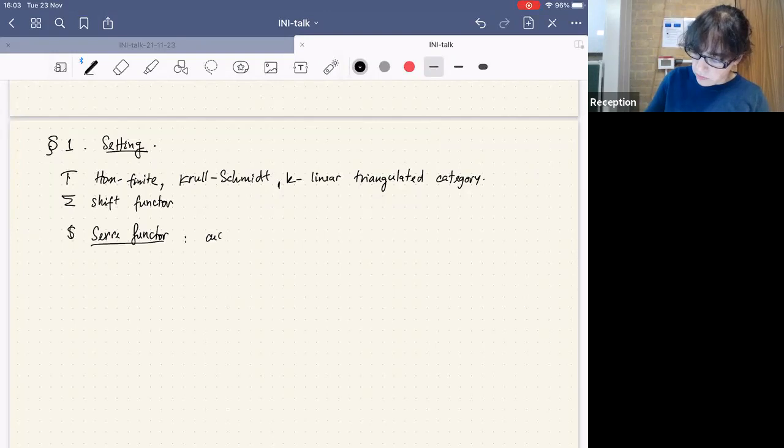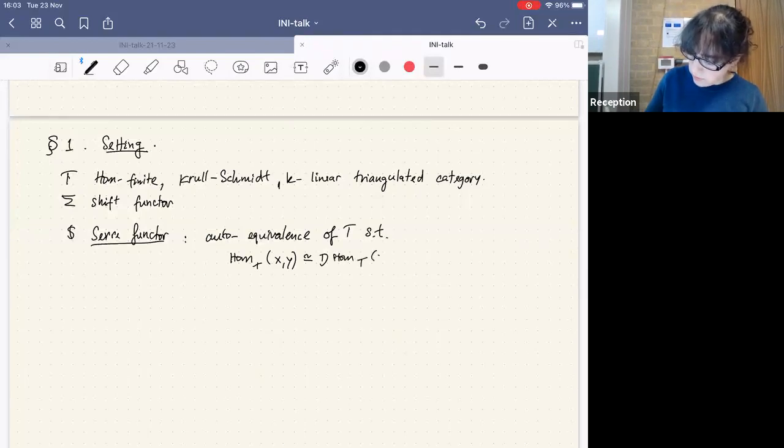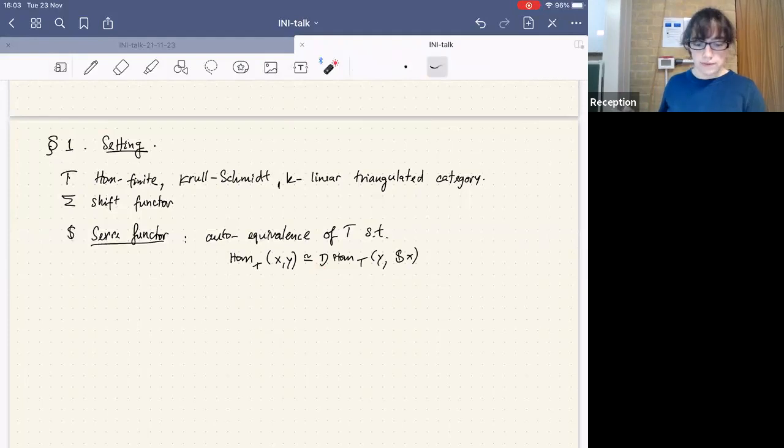A Serre functor S is an autoequivalence of the category T for which there is a nice duality: Hom(X, Y) is isomorphic to D Hom(Y, SX), where D is the standard K-duality. This holds for any pair of objects in the category.